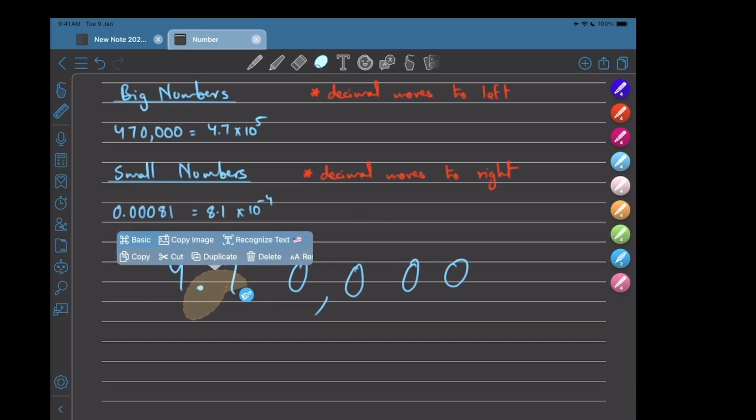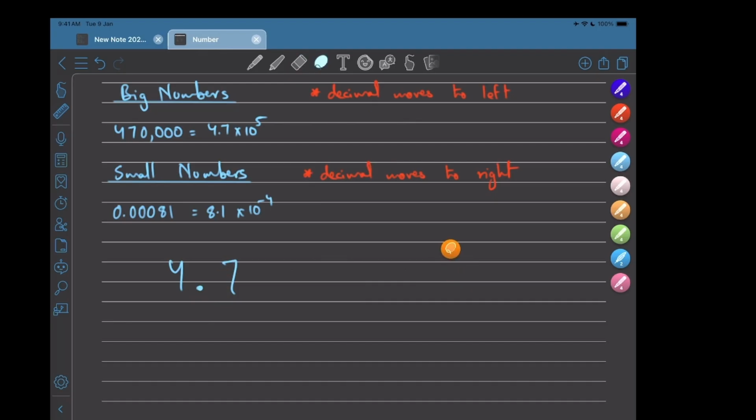Now since it came here, all we do is remove all of these zeros and multiply by 10 to the power of 5. I hope this was clear. I hope you understood. Let me explain again. No problem.